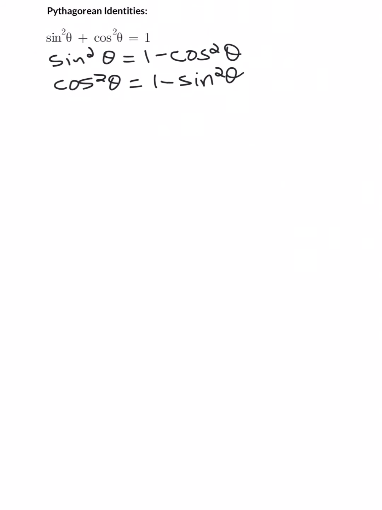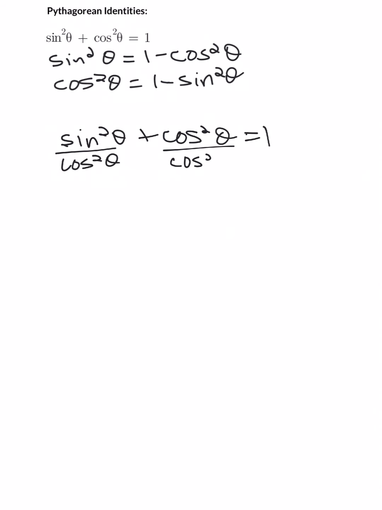Now that we know the three versions of the sine and cosine version of the Pythagorean identity, we're going to look for the other versions. I'm going to start with the basic of sine squared plus cosine squared equals 1. If I take this identity and divide all of the terms by cosine squared, well, sine over cosine is tangent, so sine squared over cosine squared becomes tangent squared of theta.